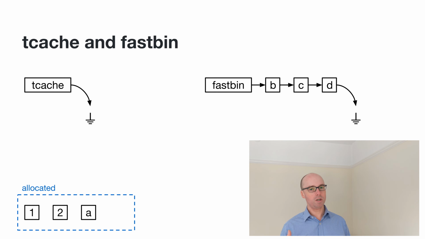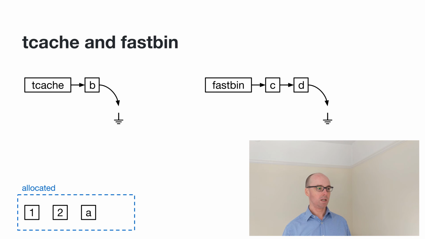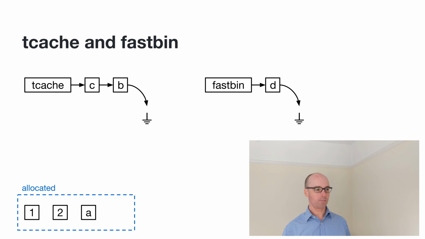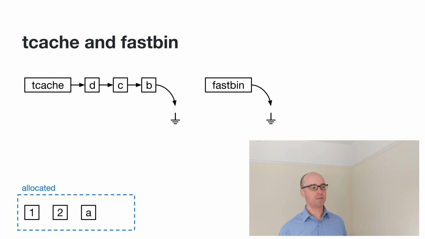That code that I showed you earlier, the effect of that code is it will then try to refill the tcache from the fastbin. So all of these remaining chunks in the fastbin get moved over to the tcache. So that looks like this. Now, the important thing to notice is that this has had the side effect of reversing the list of chunks. And that reversing behavior is going to be quite important for the technique that I show you next.